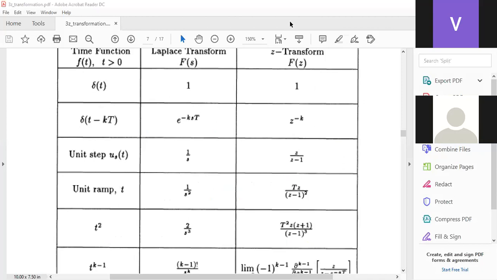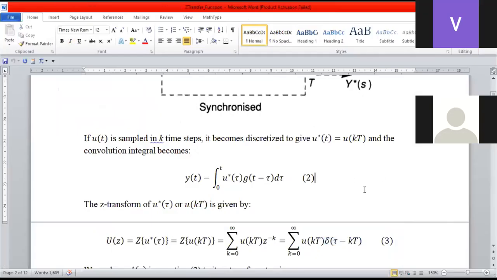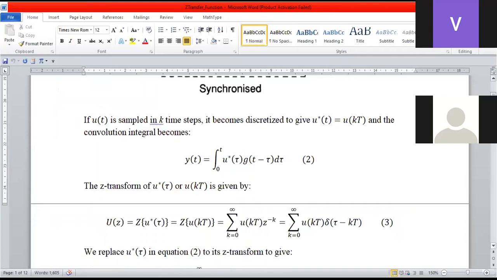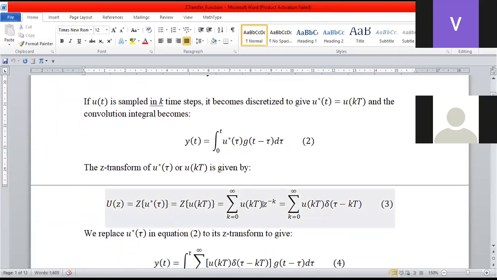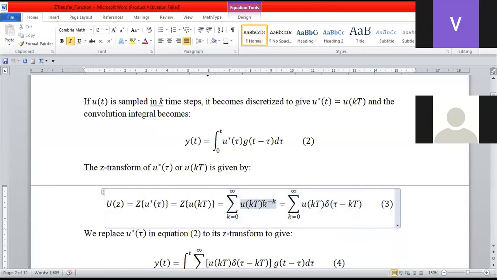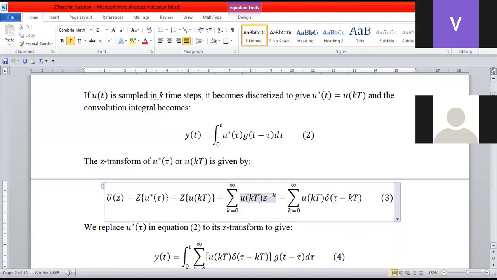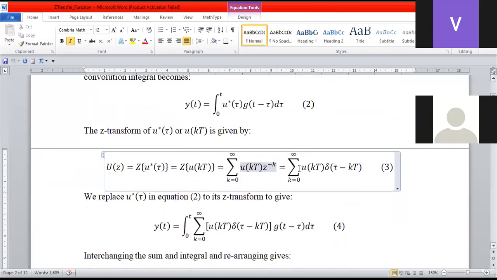Let's move back to the lecture. I simply replace this z to the minus k here with this impulse function. Then after that, we already have u of z.